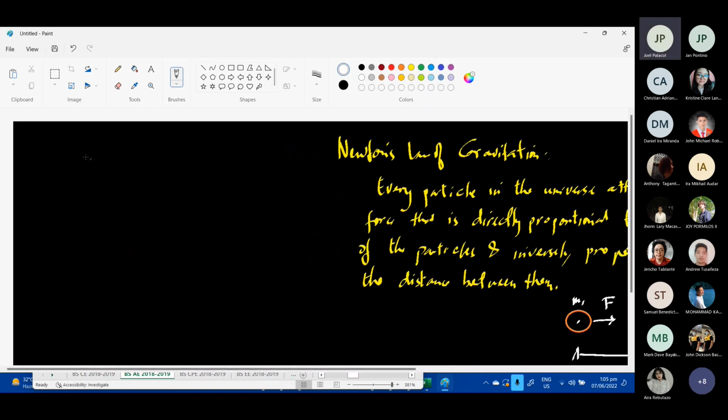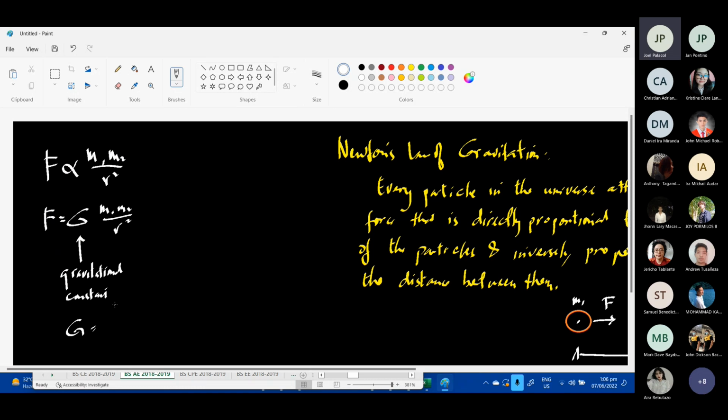So, combining these two, F is directly proportional to M1, M2 over R squared. And we convert this into an equation by introducing a proportionality constant G: F equals G M1 M2 over R squared. We refer to G as the gravitational constant.